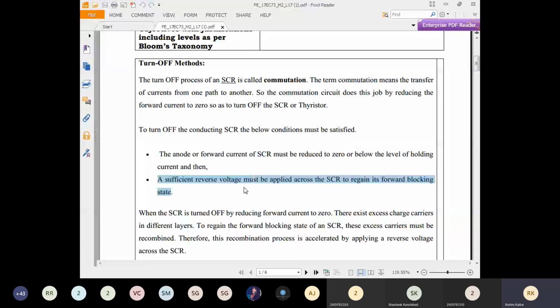So we need a reverse voltage applied across the SCR, which makes the SCR regain its forward blocking capability. Forward blocking capability is nothing but when you apply VAK, it should be forward biased, and when you apply the VG, it should be in the on condition. So to turn off a conducting SCR, these two conditions must be met. Is this okay till here? Yes, ma'am. Understood?